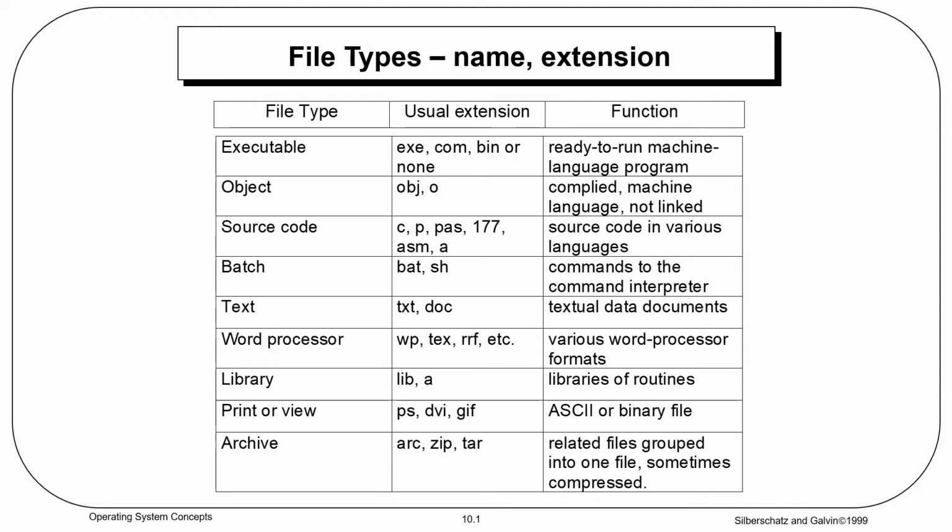What is this creator attribute? It contains the name of the program, the application, that created it. This attribute is set by the operating system during the create system call.